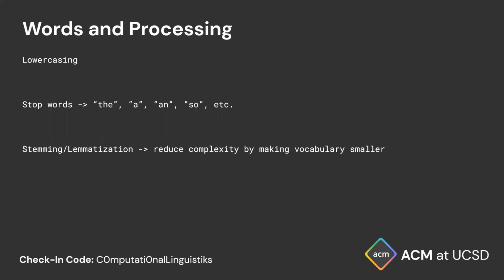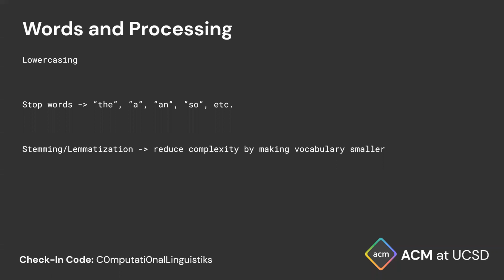This makes processing easier for us. The main steps are lowercasing, removal of stop words, and stemming and lemmatization. Lowercasing is very simple, just lowercasing all of our words. This is about vocabulary or a dictionary, reducing the number of words so we don't differentiate between a word with a capital and a word without it.